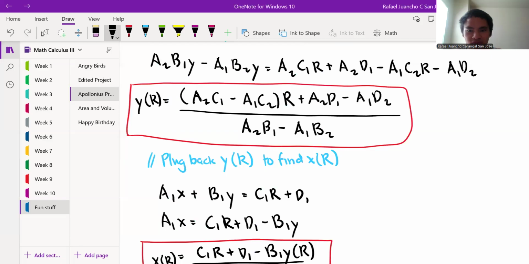A2D1 in this case is, oh, oh God. A2, what's A2? 10, D1. Oh, 0. Okay. A1, D2. So negative 20, D2 is 100. Negative 20 times negative 100.